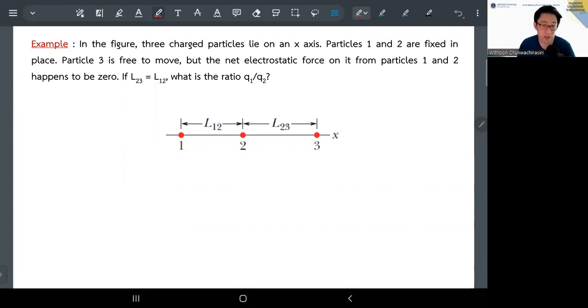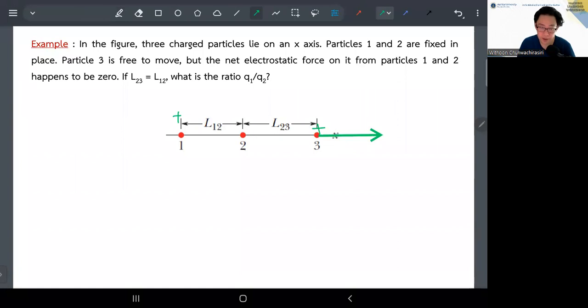Now, because you don't have any information about the charge type, you don't know if it is positive or negative, but it doesn't really matter because you want the cancellation. So what I'm saying over here is, if you want cancellation, what does it mean? If you assume that charge number 3 is positive, and charge number 1 is also positive, the force acting on charge number 3 due to charge number 1 will be pointing to your right side. Does that make sense to you?